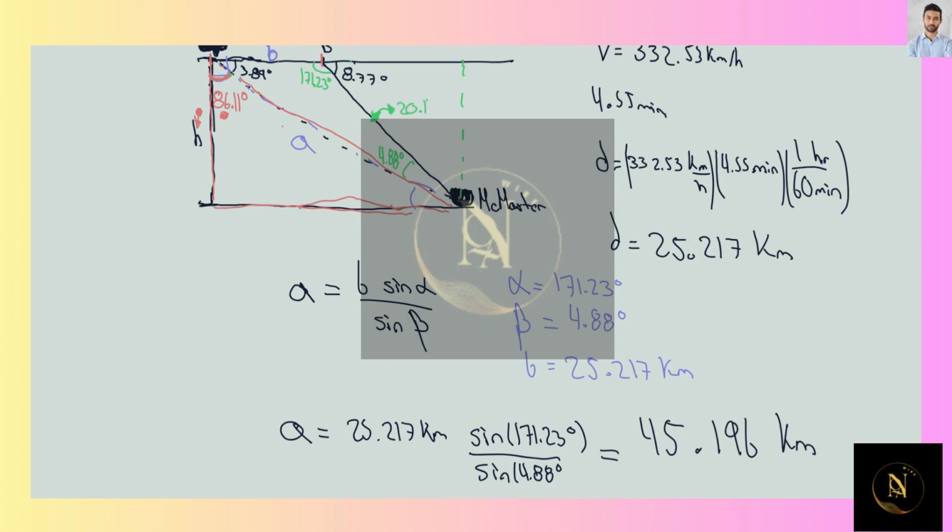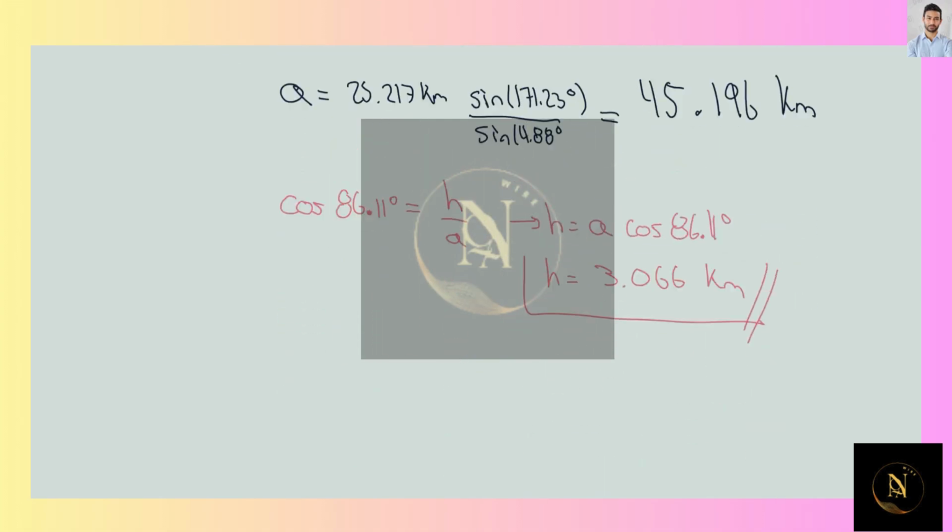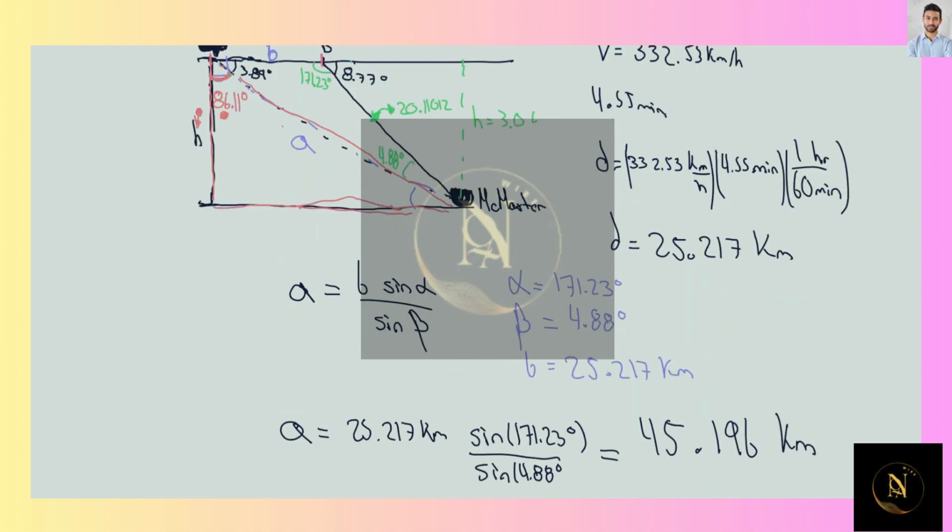This side is going to be equal to 20.11012, and applying the sine of 8.77 times this value, you're going to get the same value for the height, which is 3.066. So both are correct methods to solve the problem. With that, it would be all.